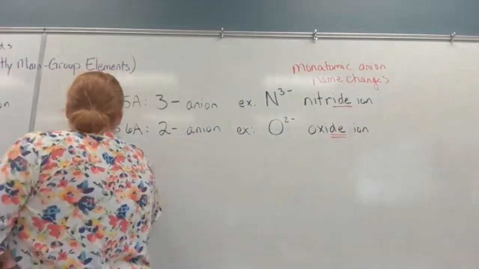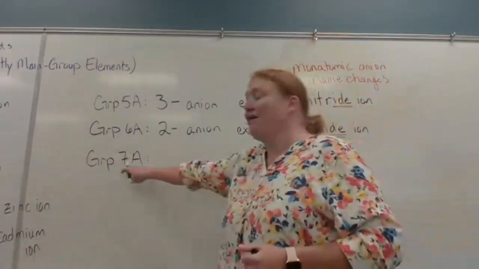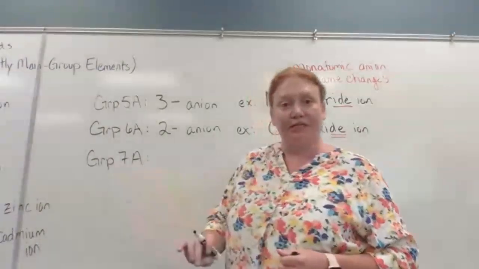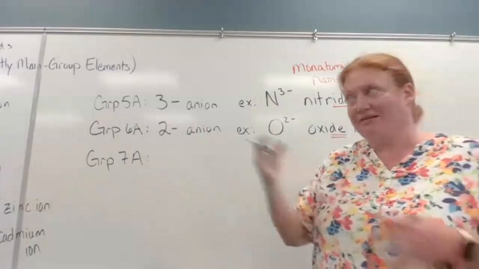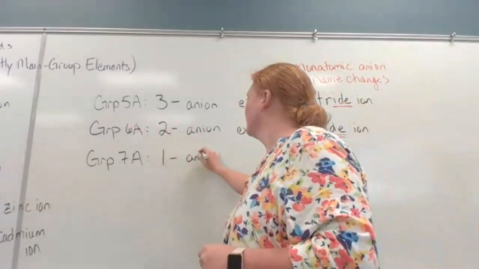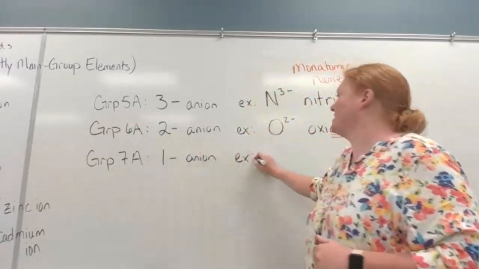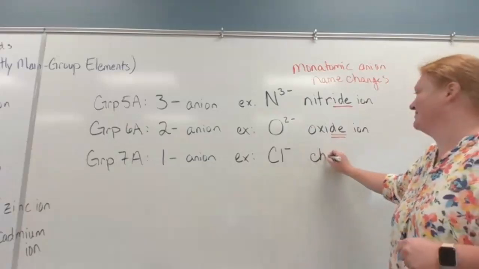Group 7A, which everybody is expected to know that these are called halogens, already have 7 valence electrons, just like chlorine did a little bit ago, and it is wanting to gain 1 more from a metal cation source. And so this is where we get, for example, chloride.